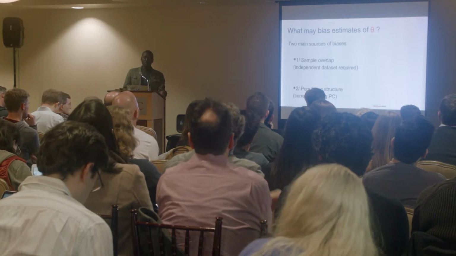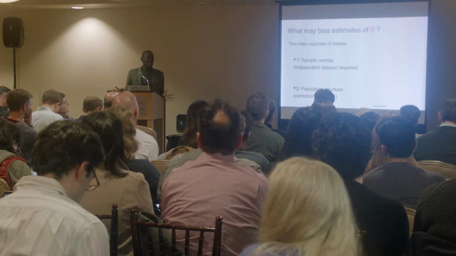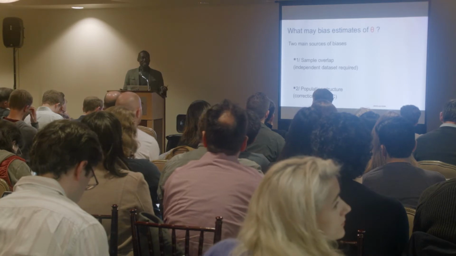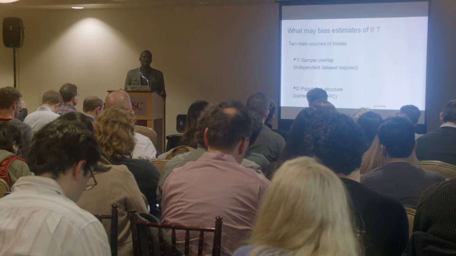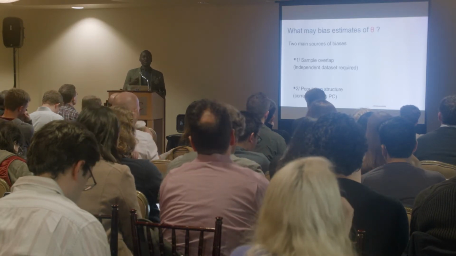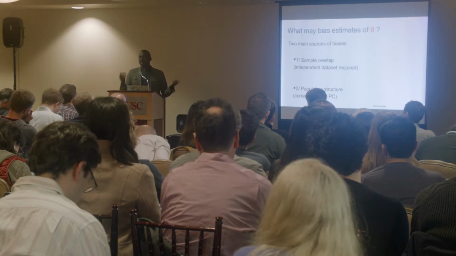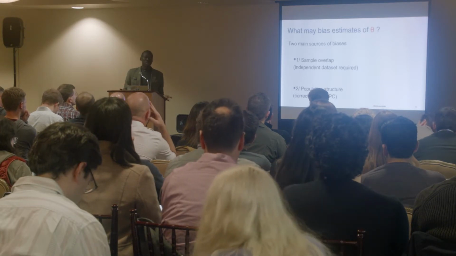And the second one is population structure. Population structure is a very vague concept, at least to me. But interestingly, assortative mating and population structure are essentially the same thing. You can think of population structure as a sort of geographical assortative mating. You tend to find your partner within a certain kilometer radius around where you live.